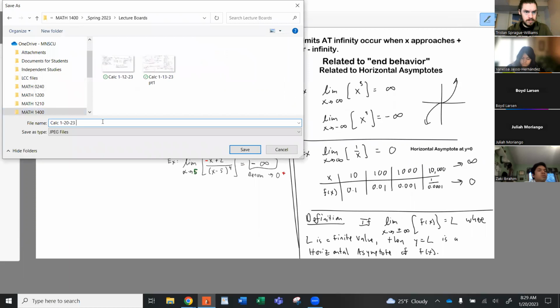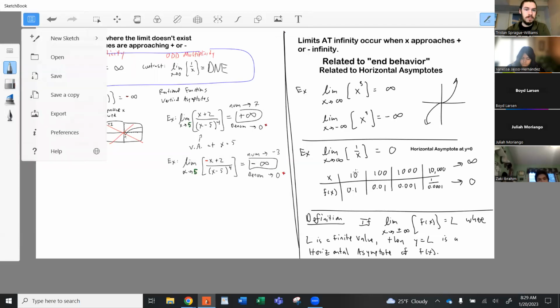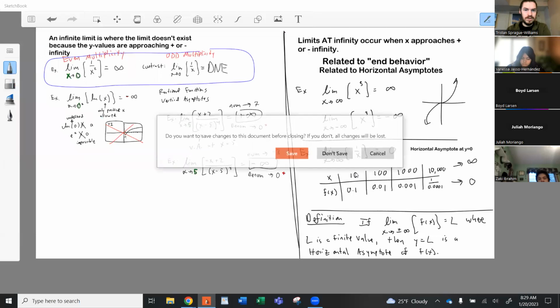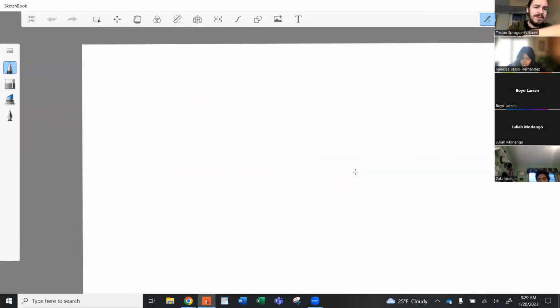New sketch. Another example of a function with a horizontal asymptote is e to the x. What do you think the limit as x approaches negative infinity of e to the power x is?